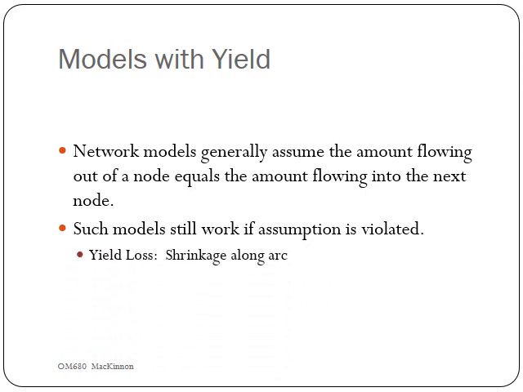So we have yield loss, shrinkage along the arc, which is possible. There are some processes or transportation models where you have losses along transportation routes, and in some cases you have a yield gain or growth along the arc. And we can accommodate both of those with network models.